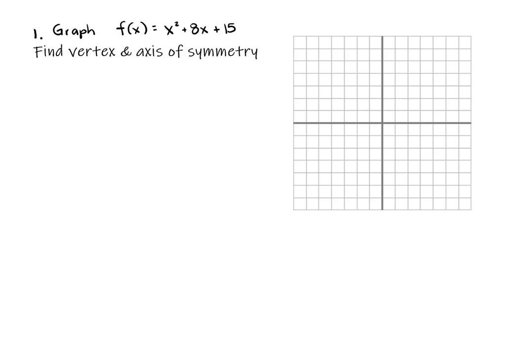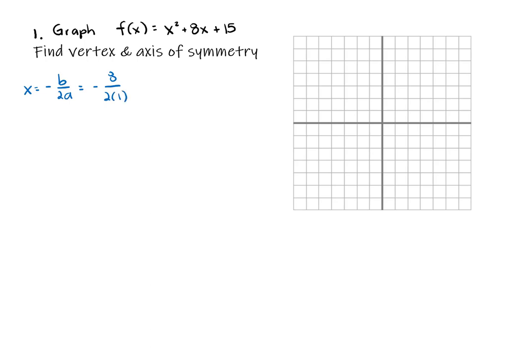Question number 1 asks us to graph f of x, which is x squared plus 8x plus 15, but it also asks us to find the vertex and the axis of symmetry. So before we start filling in values on the t-chart, I want to find that vertex using the formula x is equal to negative b over 2a. I'm going to use this formula to find the x value, and I'm going to get negative 8 over 2 times 1.